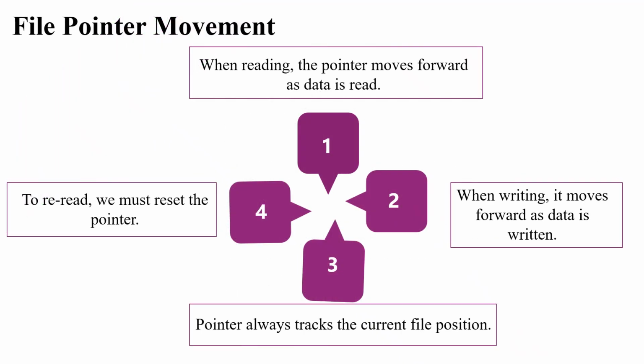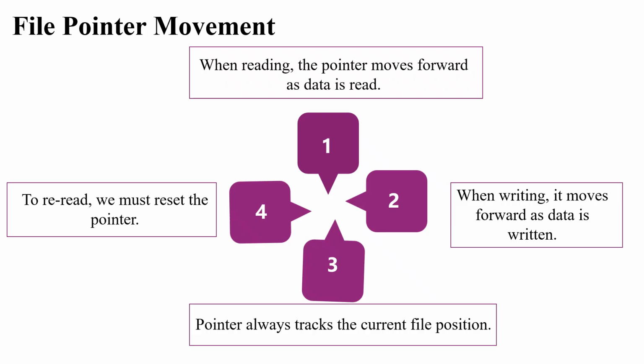Next slide is file pointer movement. Once we have a file pointer connected to a file, something very important happens, right? The pointer doesn't stay in one place, it automatically moves as you work with the file. The first thing is whenever you read data, the pointer moves forward with every character or byte that is read.